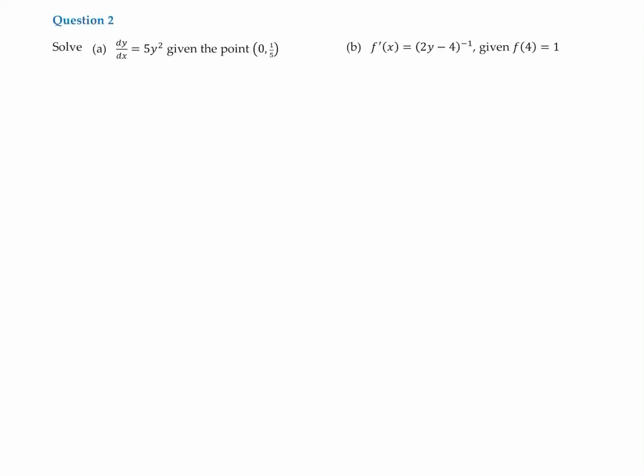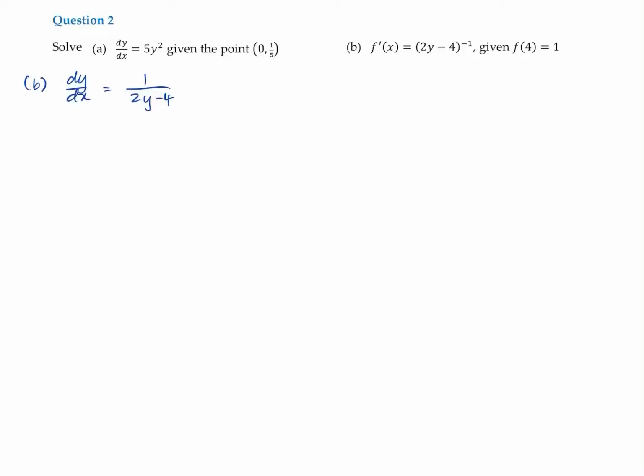Okay, for question B, this will be straightforward enough, but there's a little kick to it. So I'll give myself plenty of room here. For question B, f dash x equals that. Of course, we're going to write it as dy dx, not talk about f of x anymore. And that is 1 on 2y minus 4.